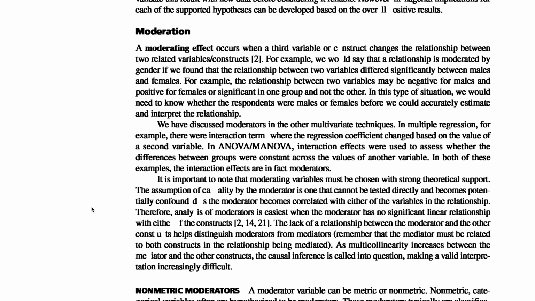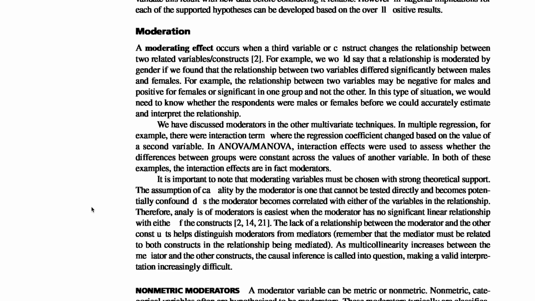Suppose the relationship between the two variables may be negative for males and positive for females, or significant in one group and not the other. In this type of situation, we would need to know whether the respondent was male or female before we could accurately estimate and interpret the relationship. We have discussed moderators in other multivariate techniques.